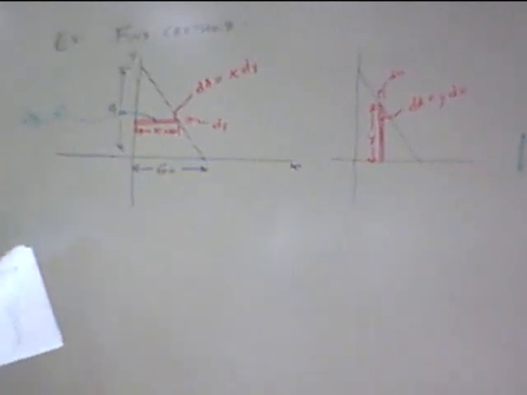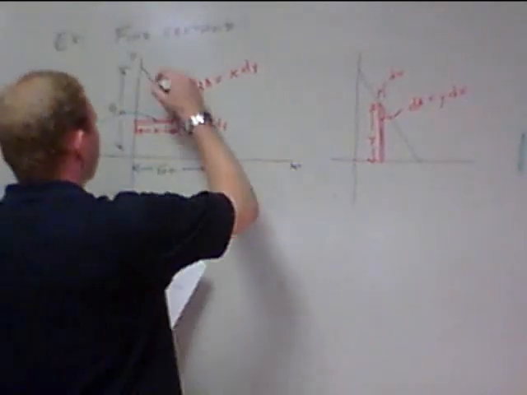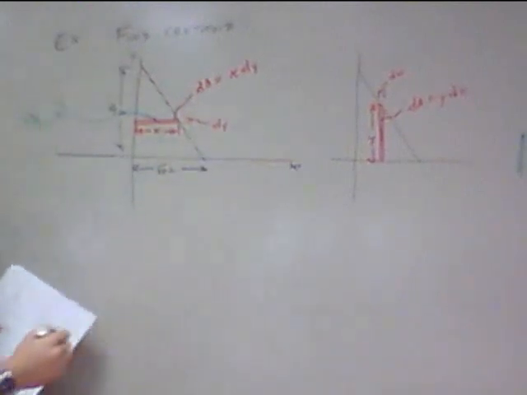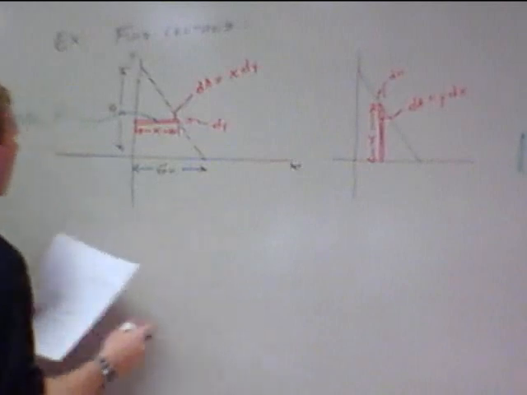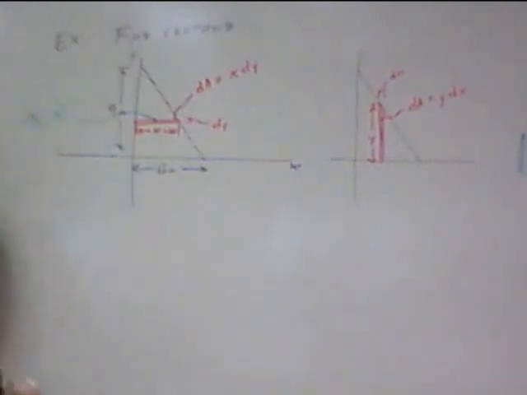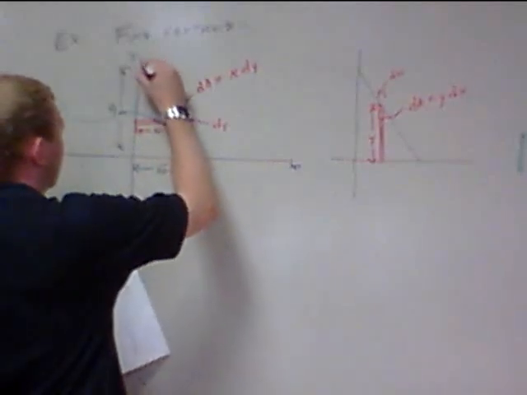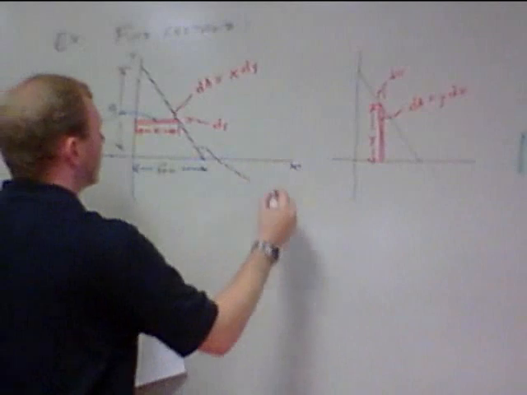Okay? And we also need this expression for the right-hand edge of this. This becomes important here. So we end up finding the equation of this line here. I'll show you why we need this in a moment.